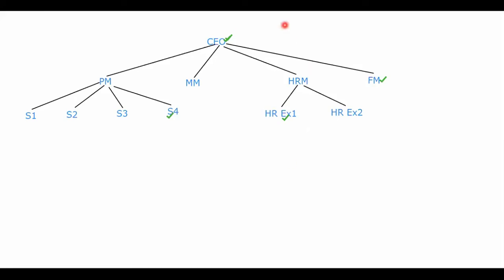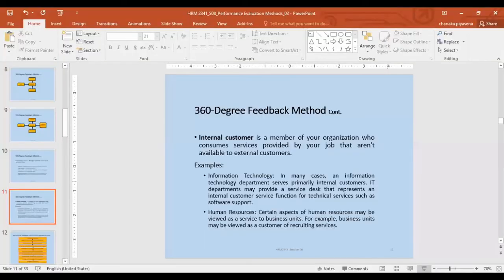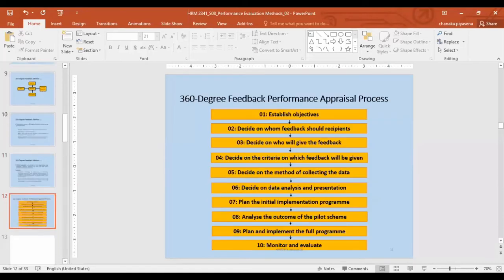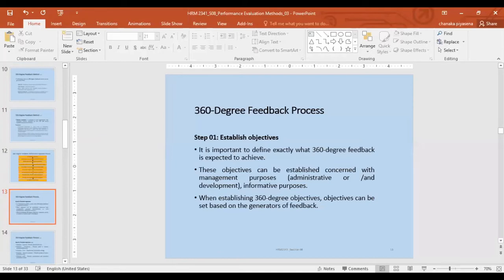Now we can establish objectives for why we collect information or feedback from each. From the CEO, it is to identify strengths and weaknesses from the perspective of their individual contribution to the organizational success.